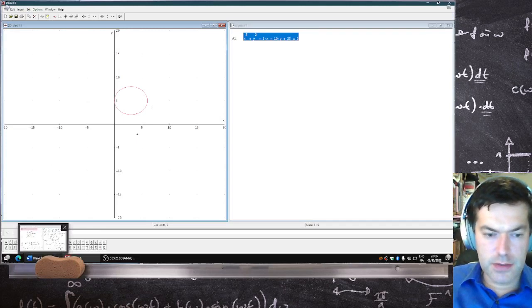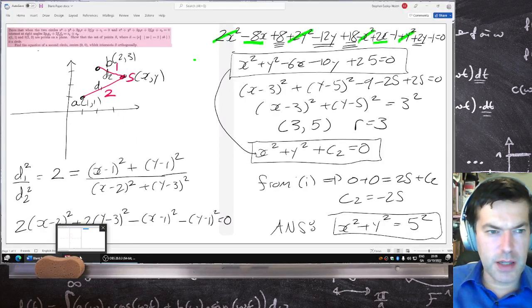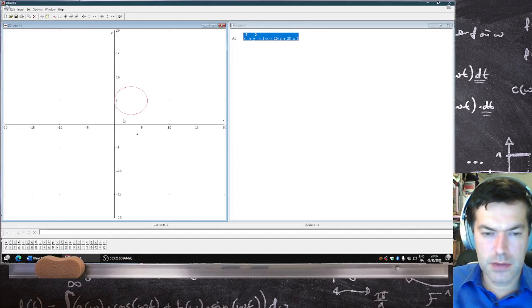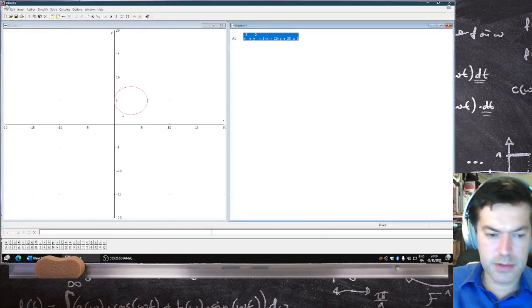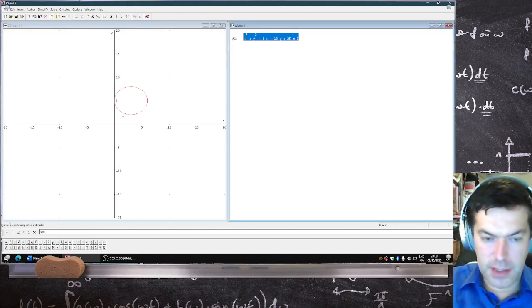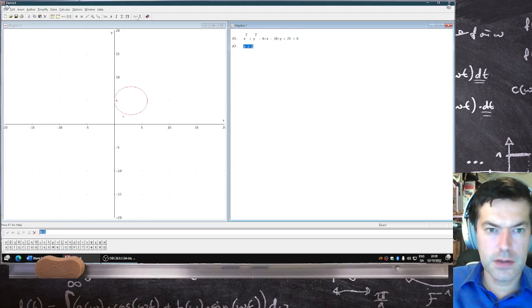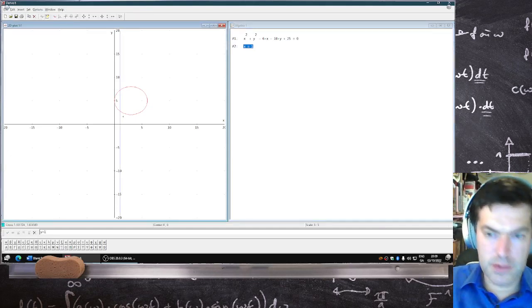So that's the circle. So where are the points? (1, 1) and (2, 3). So (1, 1) would be like here. Can I mark (1, 1) off on the graph? I don't think I can mark it off quite like that. So I'll just say x equals 1, I'll just draw a line. Yeah, okay. I'll say y equals 1, I'll just draw a line.